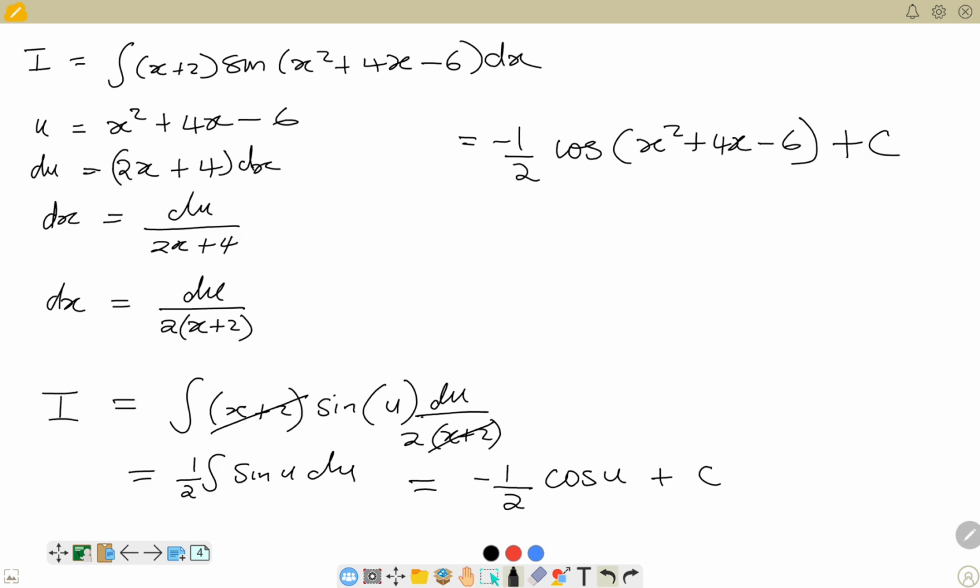So I think now this is good enough, but also you can do the same problem without having to go the long way of U-substitution if you know how to use this method properly. So we are having sine of (x squared plus 4x minus 6) dx.